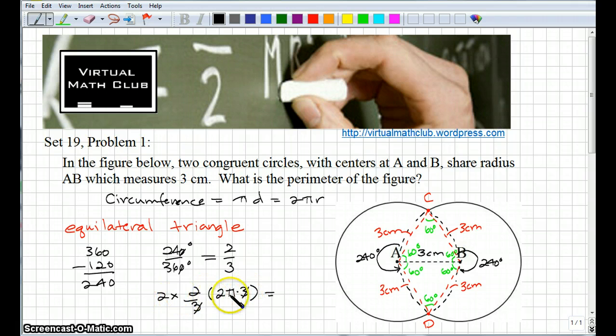And then we have 2 times 2 times 2, which is 8, and that times pi. So that's the answer. 8 pi centimeters is the perimeter of this figure. Or if you wanted to multiply it out, it comes out to be something like 25.13 centimeters. So 8 pi centimeters is the perimeter of this figure.